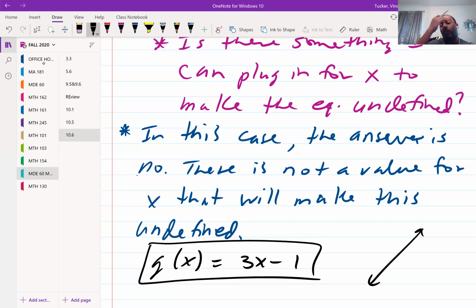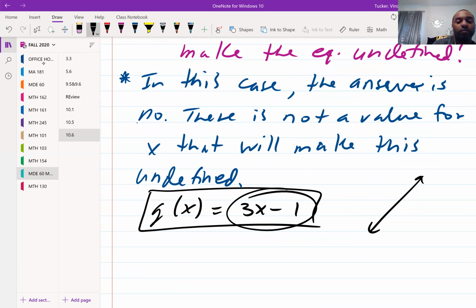Once again, if you go back to our first example, that was 1 over x plus 5. If I plug in -5 for x, I get 0 in my denominator. That is undefined. There's nothing for this one that will create an undefined scenario.